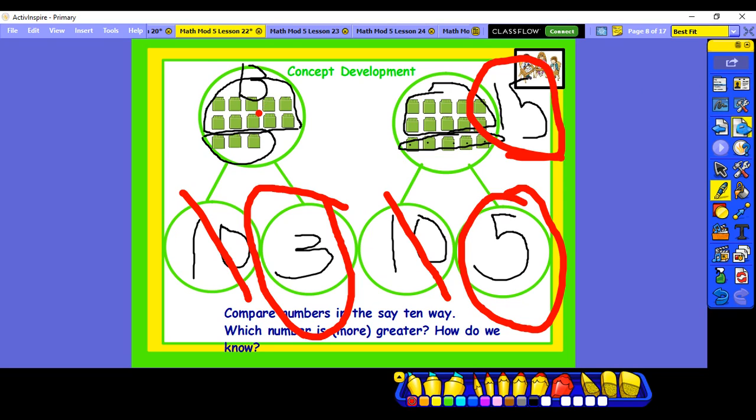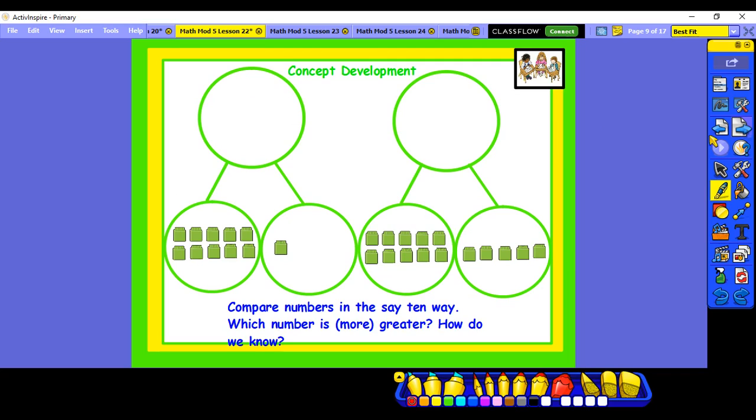Let's look at some more. I have 10, 1. What is 10, 1 the teen number way? 11. I have 10, 5.